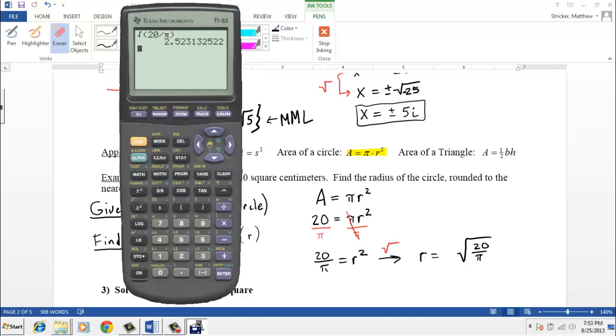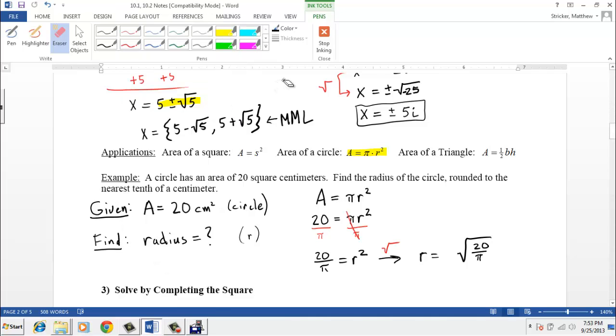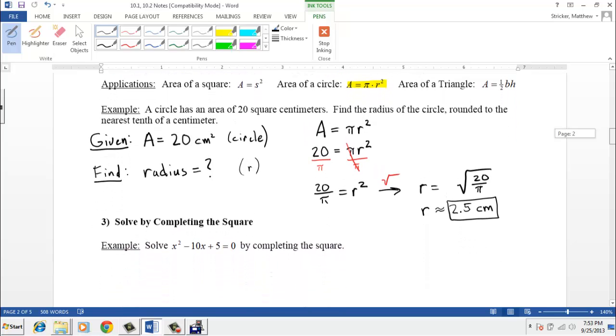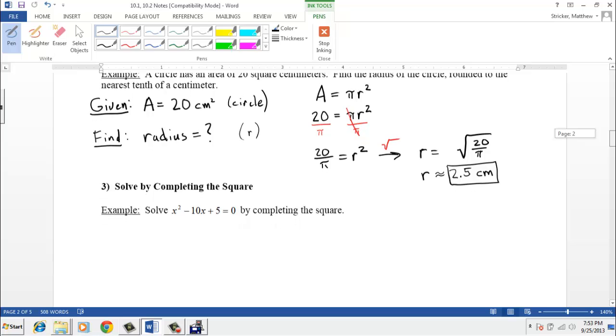So we are going to round this to 2.5. R is about equal to 2.5, and since our area was centimeters squared, our radius is going to be just centimeters. There you go. Alright, you'll see some more of those in your homework.